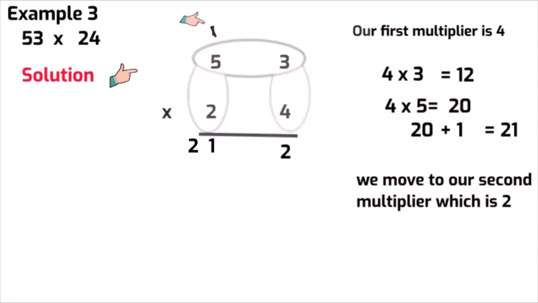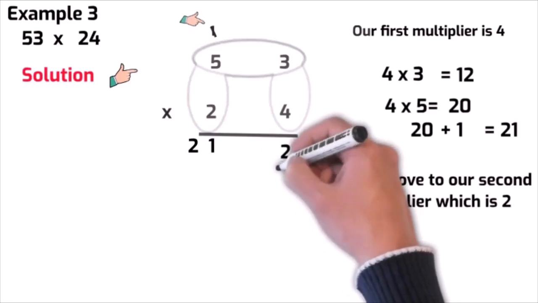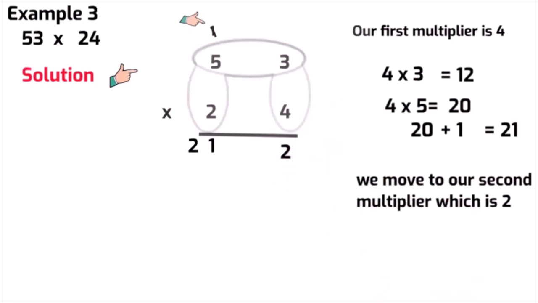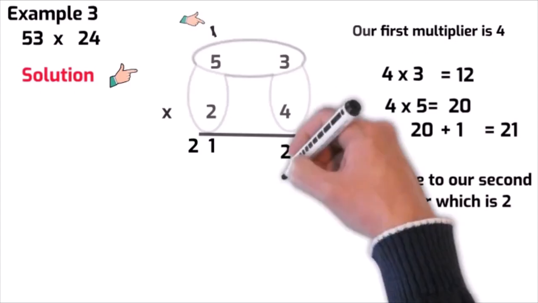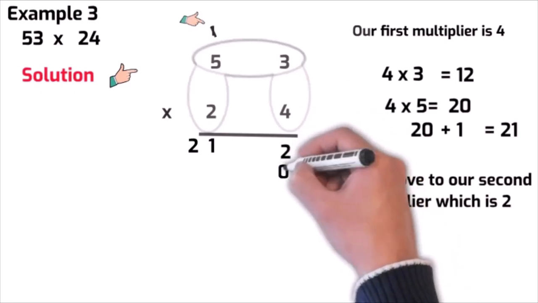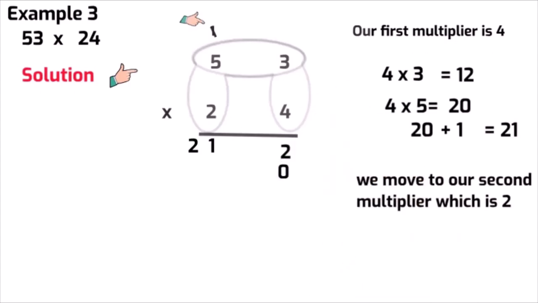However, before we start with the second multiplier, we need to leave a space here or write down 0. Now, we are ready to multiply with 2.